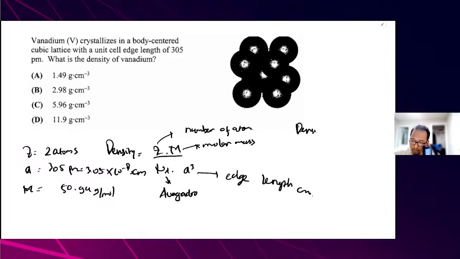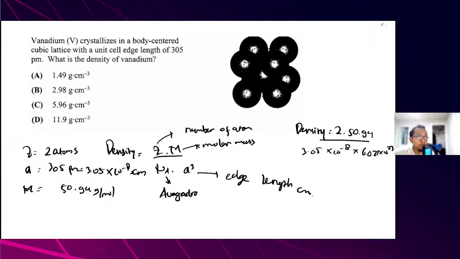The density is: Z is 2, and then M is 50.94, divided by 3.05 times 10 to the minus 8, cubed, times Avogadro's number, which is 6.022 times 10 to the 23.